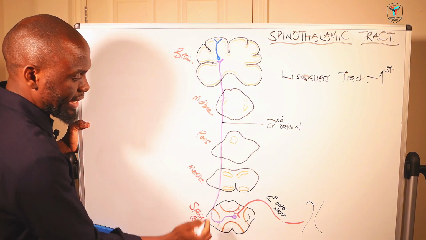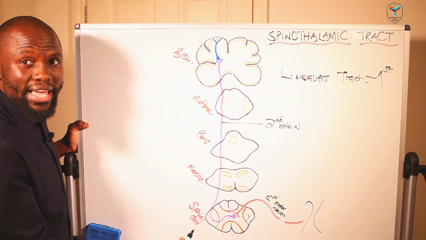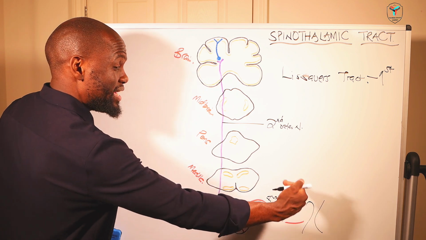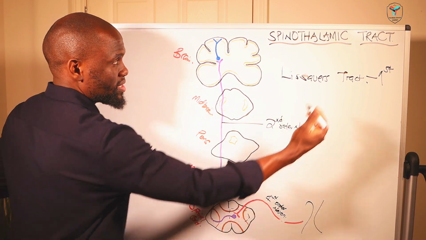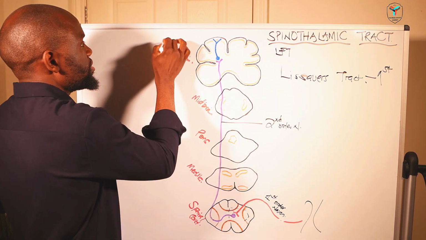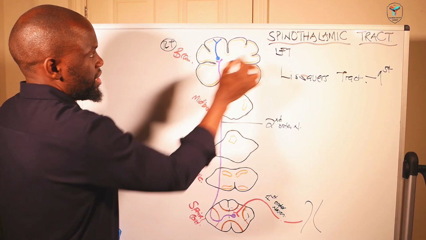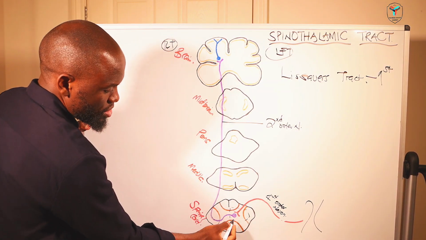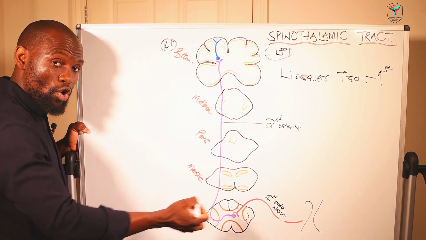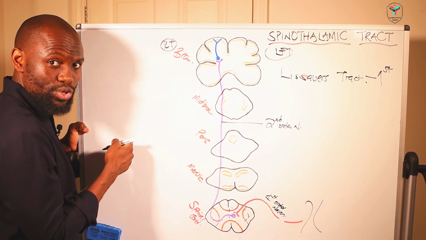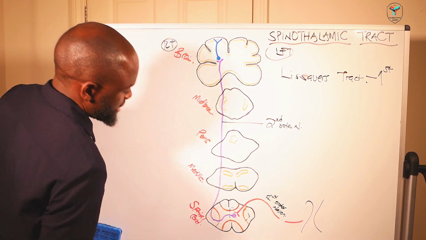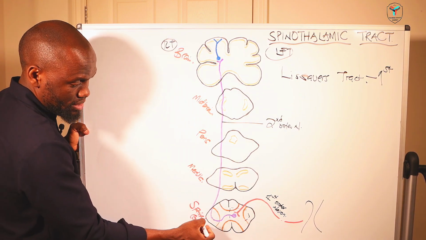Okay, so these second order neurons are going to decussate, meaning that they will move from the point of entry. So if you look at this, this is going to be the left side here, and this is going to be the right side. So the second order neurons will get the message from the first order neurons and then decussate or move towards the opposite, which will be the contralateral side, and not the ipsilateral side. It will move to the contralateral side.